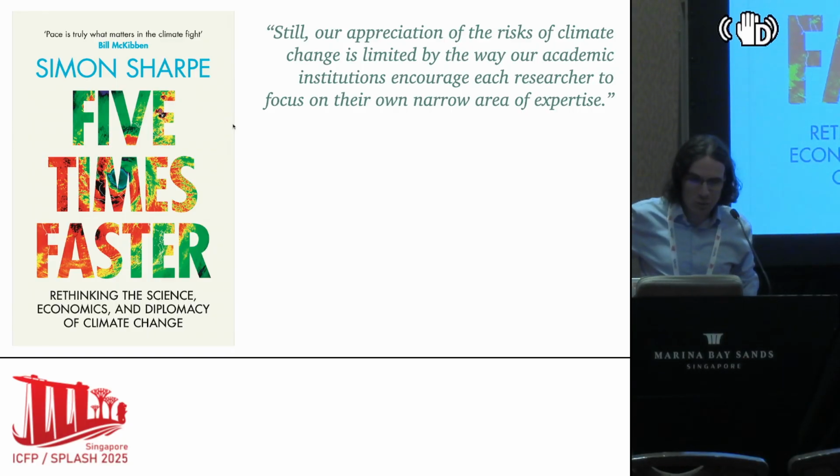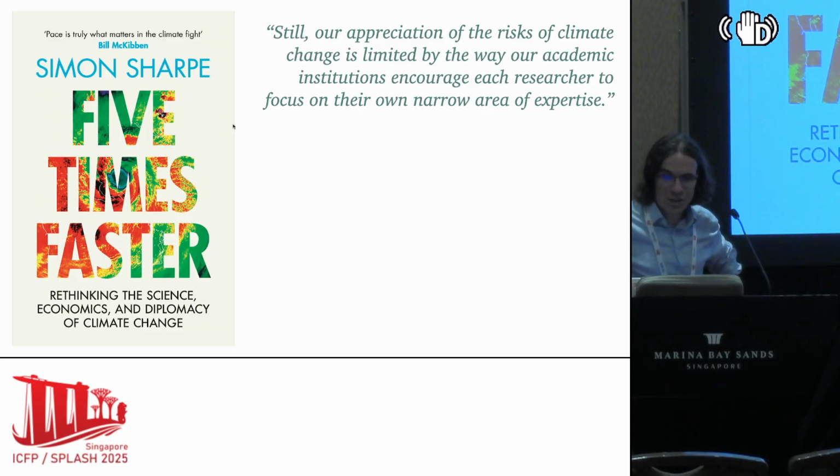And he has this great quote that I'll read: "Our appreciation of the risks of climate change is limited by the way our academic institutions encourage each researcher to focus on their own narrow area of expertise." So this is what we're trying to break here with PROPL and the work we've been doing, to break out of that narrowing of expertise and reach across disciplines.